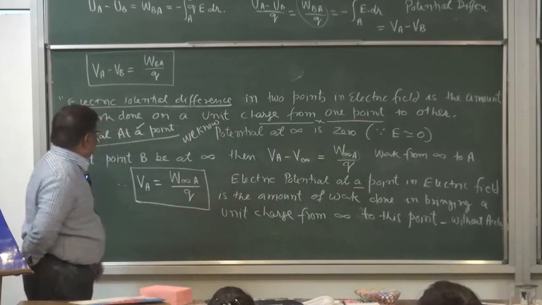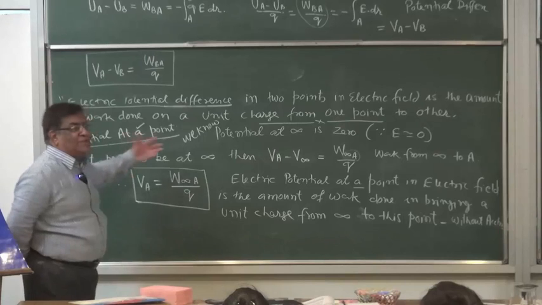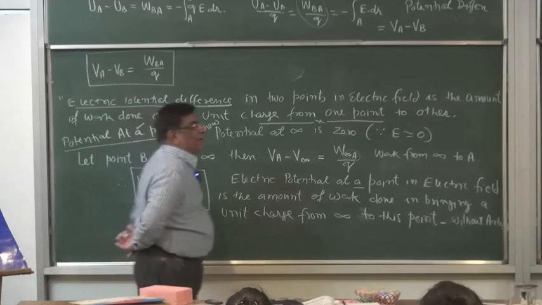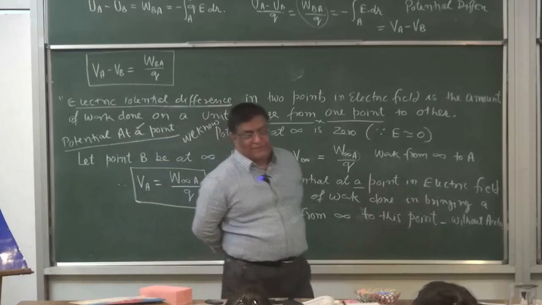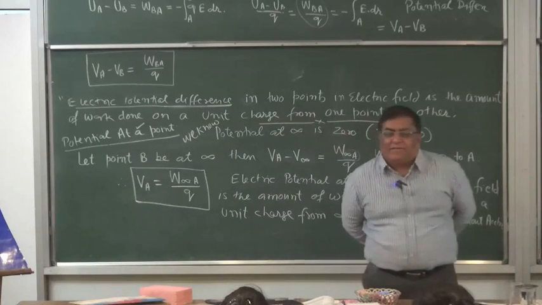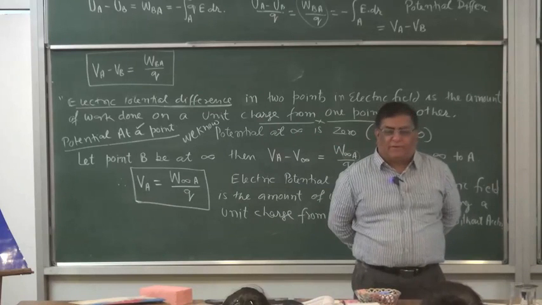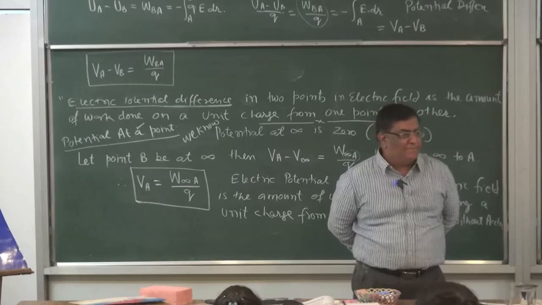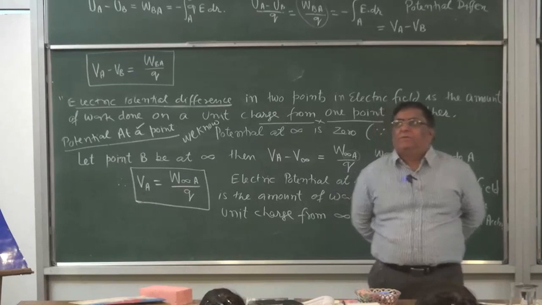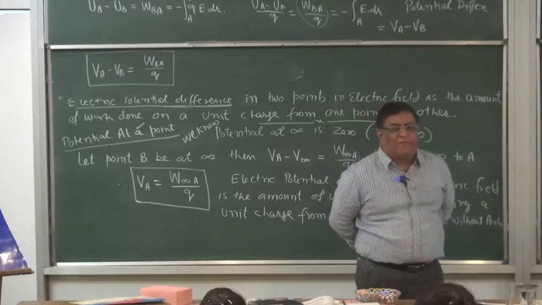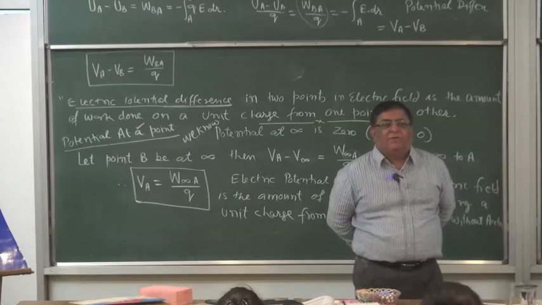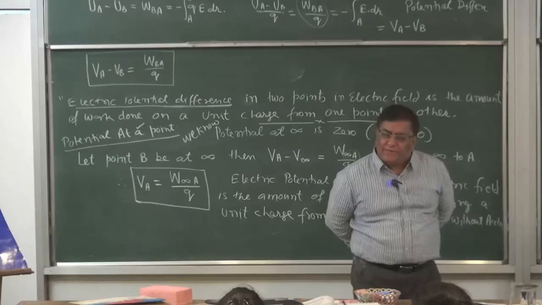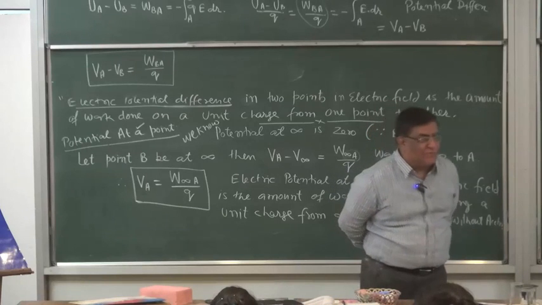Now the thing is, still, how to measure this potential? The answer is we can always find a derivation for how to measure it. The electric field, what is the source of an electric field? Answer: a charge is the source of an electric field. So if there is an electric field due to a particular charge, then how can we find out potential at a point due to that charge? We will do a derivation for that.